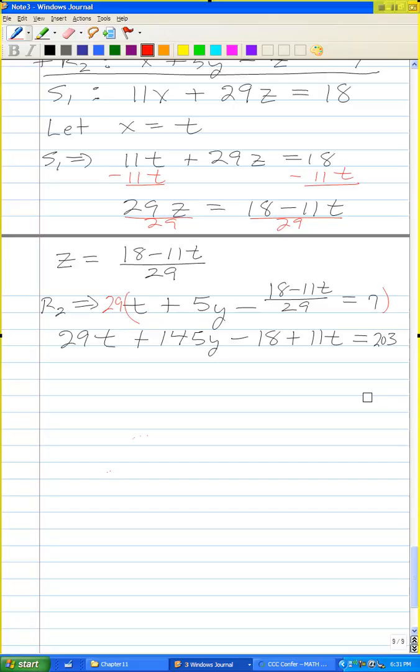Let me combine like terms. 29t plus 11t is 40t plus 145y minus 18 is 203. Let's add 18 to both sides of my equation. Subtract 40t from both sides of my equation.